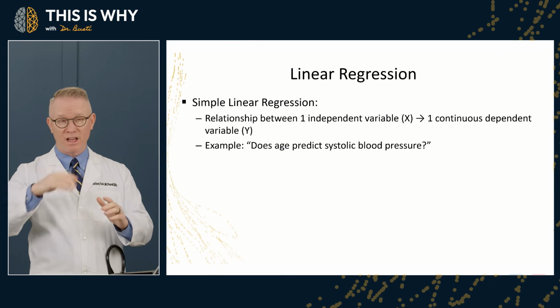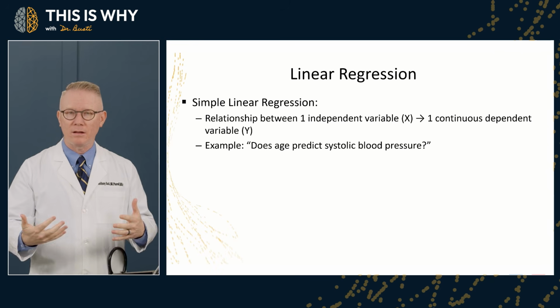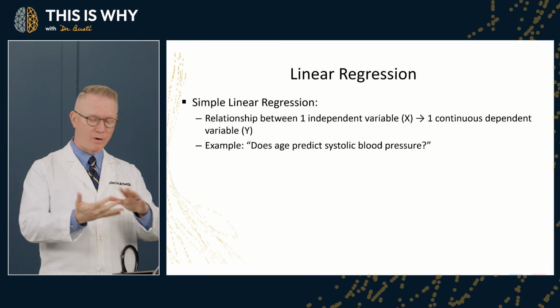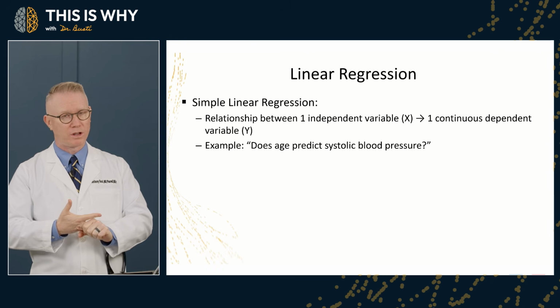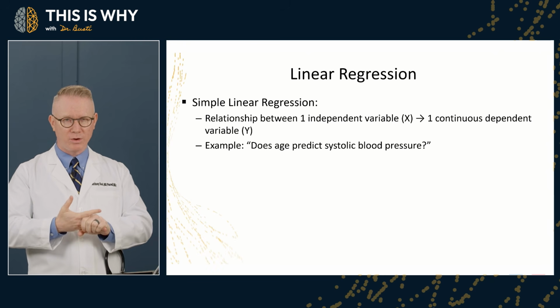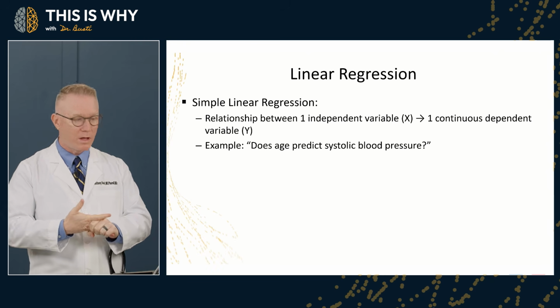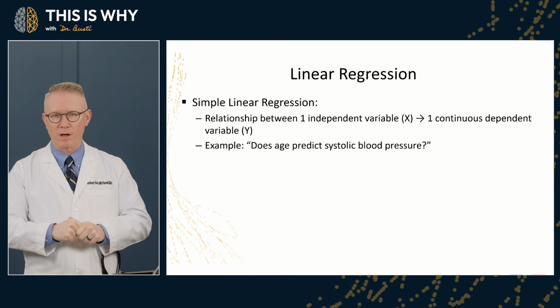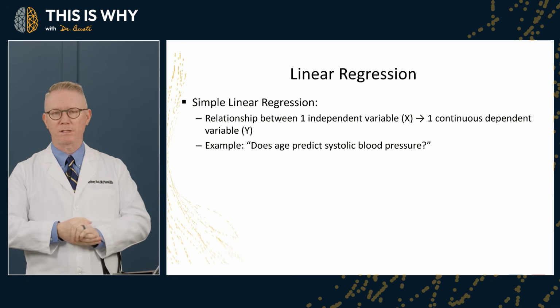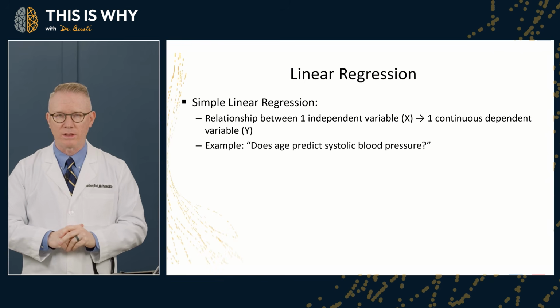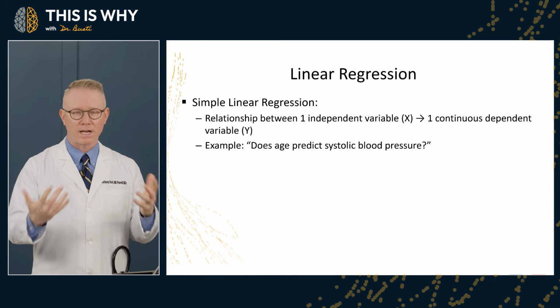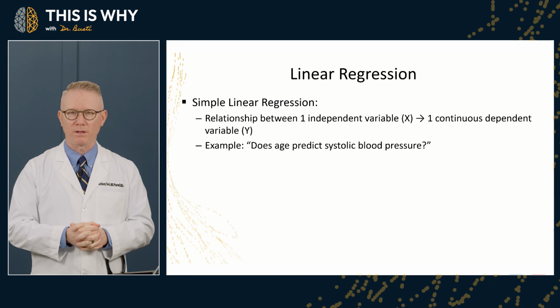Again, I do a lecture on the type of data and how you treat it. Is it nominal, ordinal, or continuous? So if you don't understand the words continuous dependent variable, in the context of systolic blood pressure, you should pause and go watch the lecture that I do on the type of data that we're dealing with.